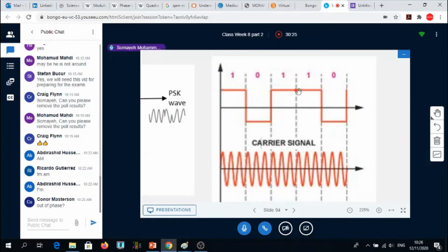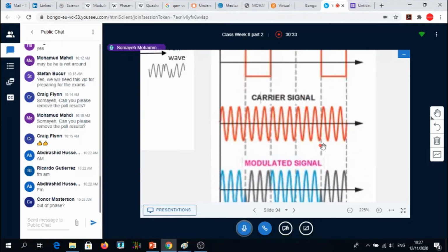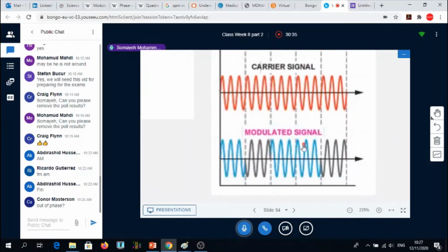At this point, you see that the value of 1 is staying 1. So we don't have any change. And the way that the carrier signal is being affected is by continuing the signal with the same phase. So we don't have any inversion here.